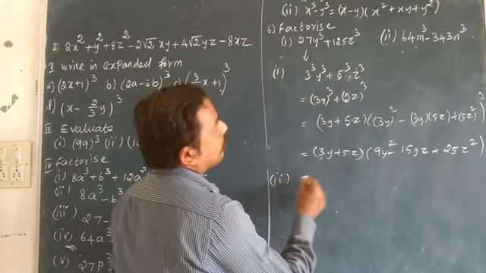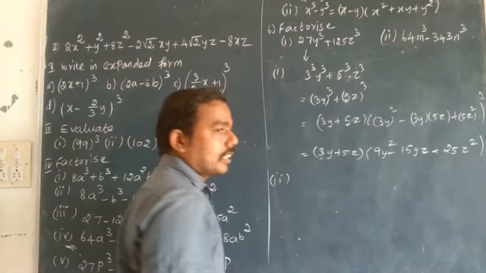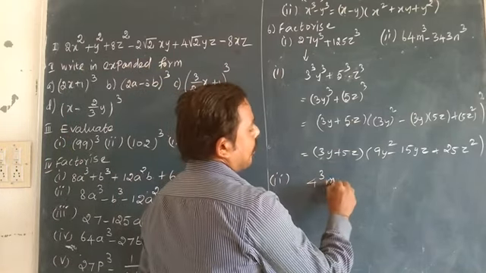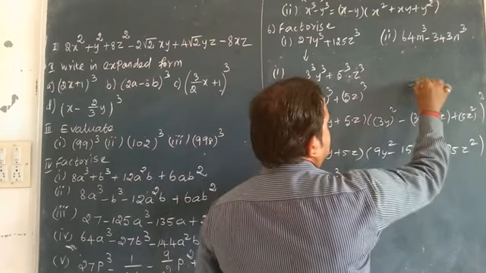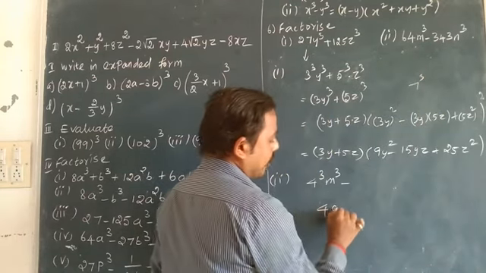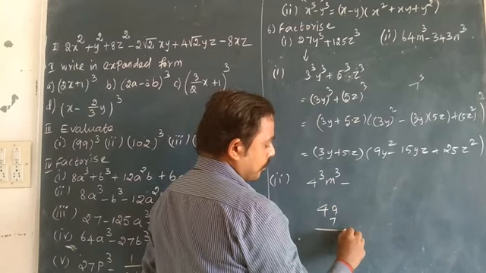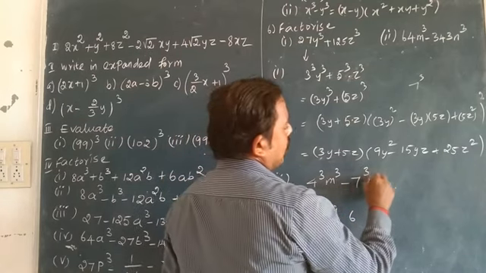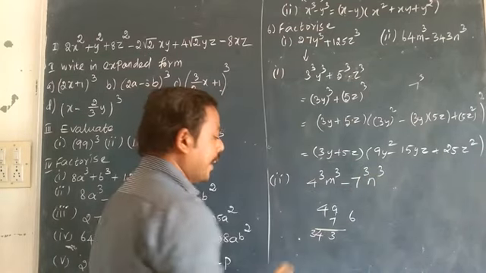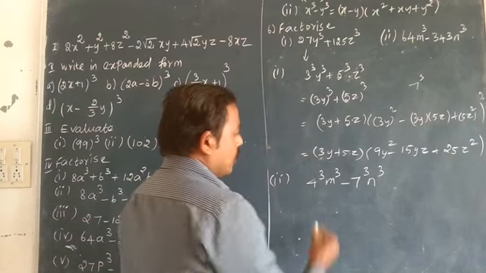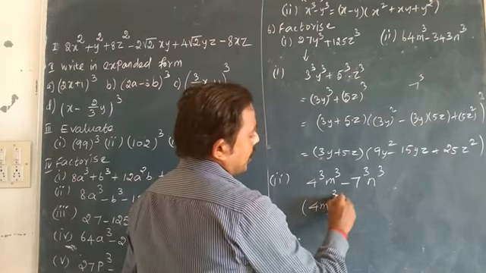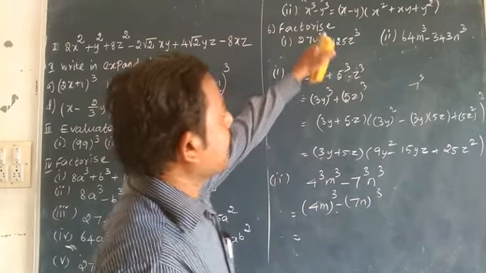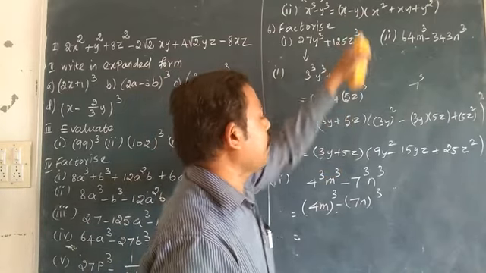Similarly, second problem, 64m power 3 minus 343n power 3. 64 already you know that it's a perfect cube number, 4 power 3. So 4 power 3 m power 3 minus, 7 7s are 49, 49 7s are 343, so 7 power 3 n power 3. So you can combine this: (4m) the whole power 3 minus (7n) whole power 3. Now in the place of x you have 4m, in the place of y you have 7n.